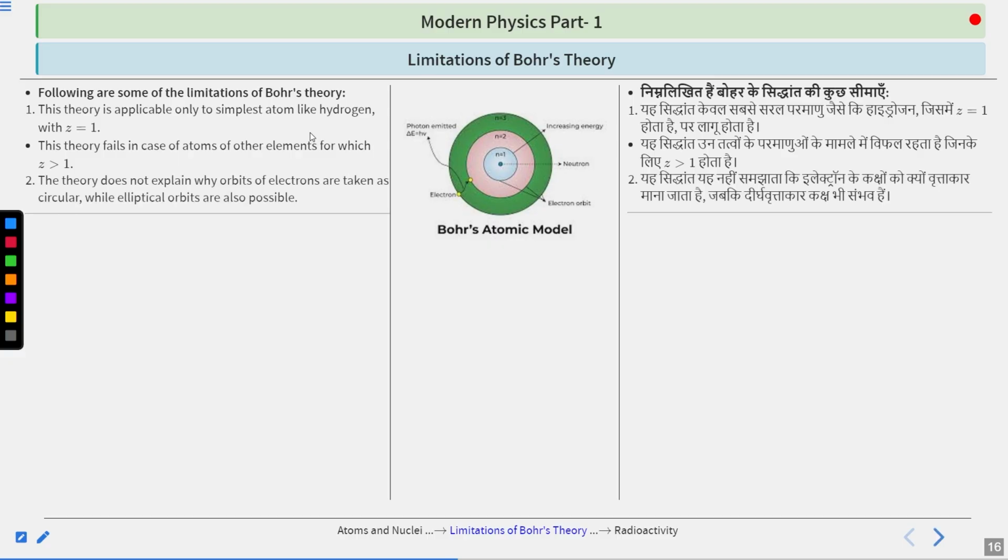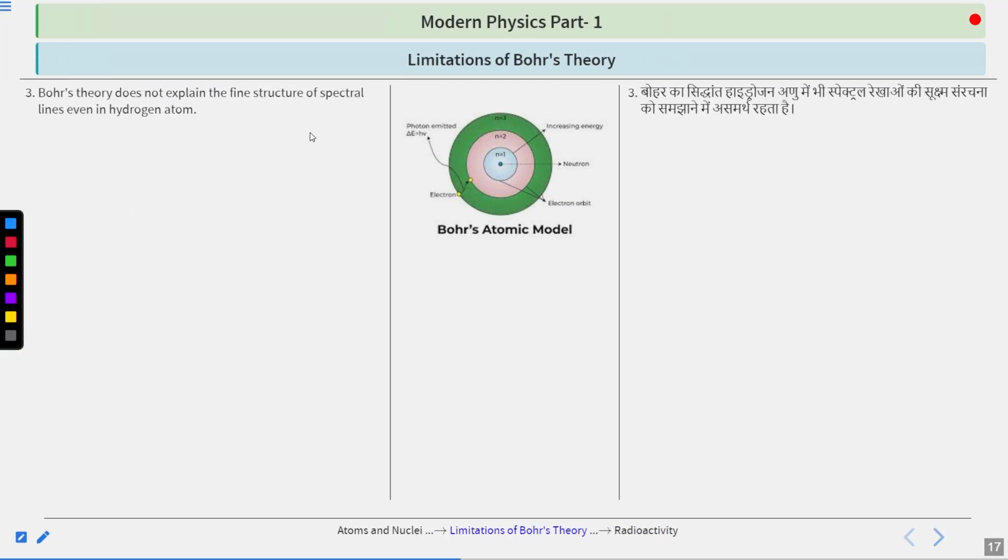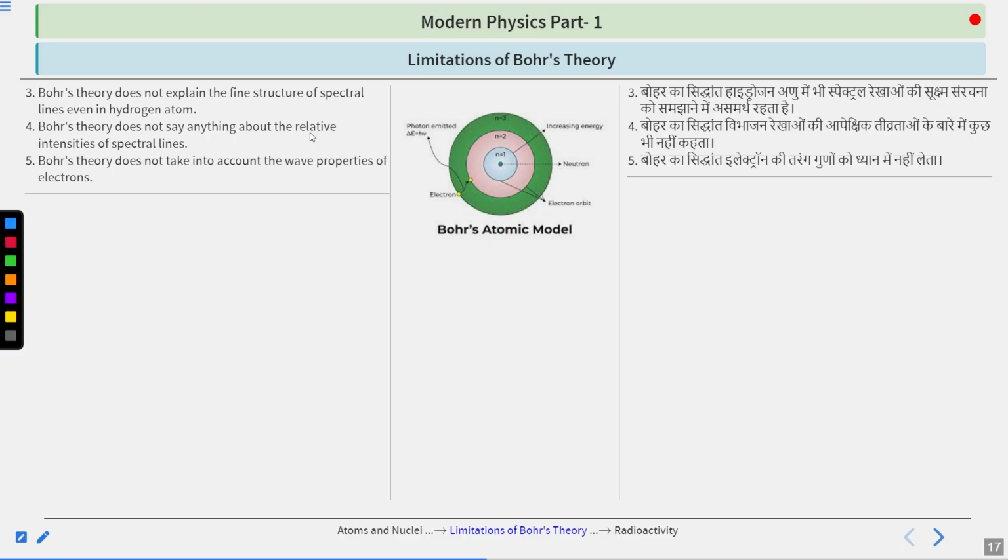The theory does not explain why orbits of electrons are taken as circular, while elliptical orbits are also possible. Third, Bohr's theory does not explain the fine structure of spectral lines even in the hydrogen atom. It does not say anything about the relative intensities of spectral lines. It does not take into account the wave properties of electrons.